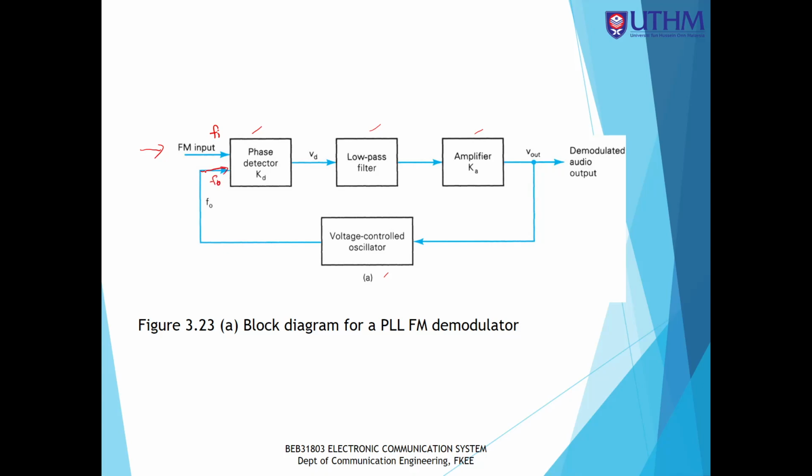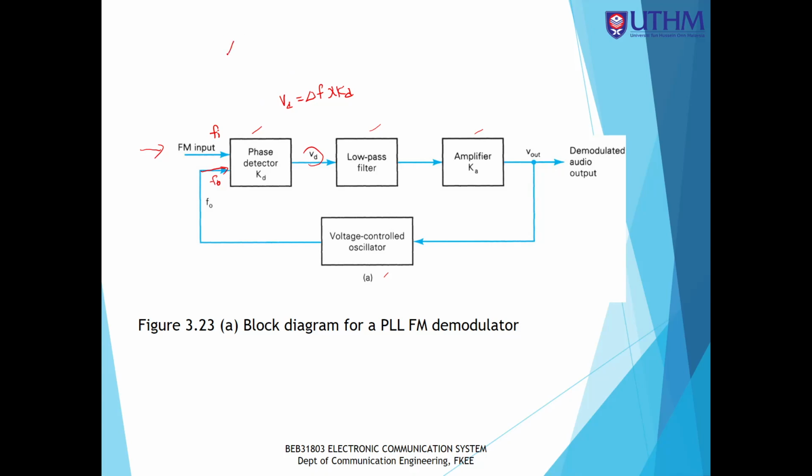The phase detector will produce an error voltage, what we call VD, because VD is equal to delta F multiplied by KD.